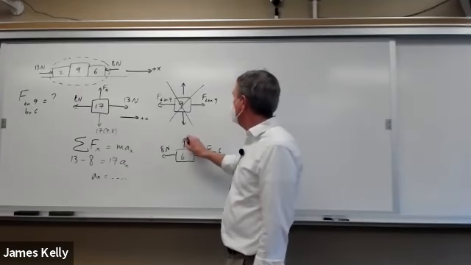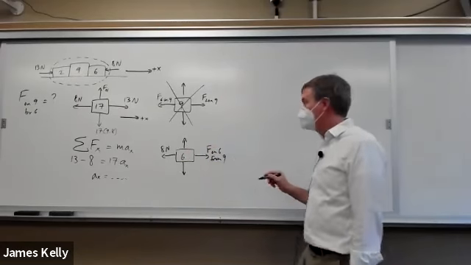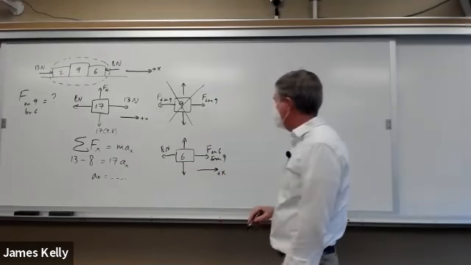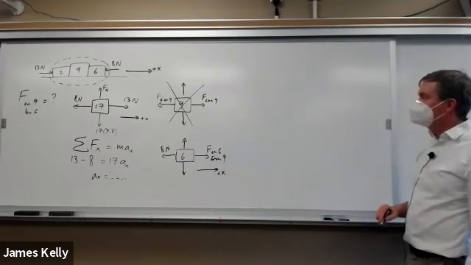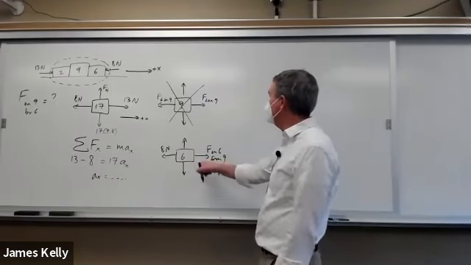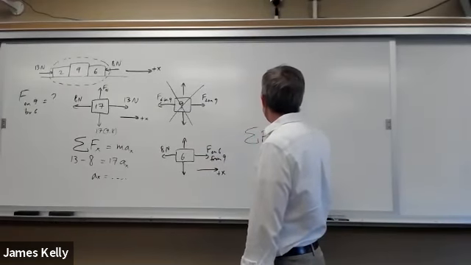And it's got a normal force that I'm not even going to label and a weight force, because we're only going to use the horizontal again. But it's important to put those in just to make it a complete free body diagram.